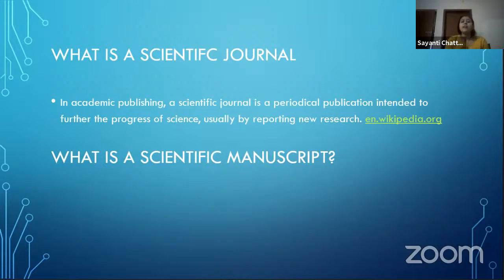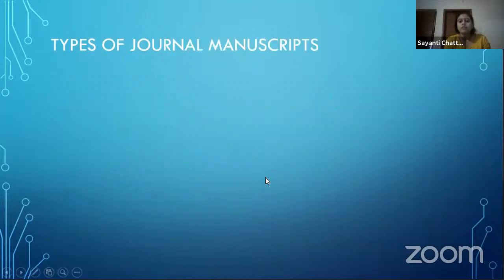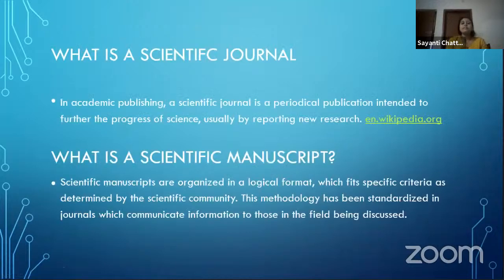Then what is the difference between a journal and manuscript? So what is the manuscript? Scientific manuscripts are organized in a logical format, which fits the specific criteria as determined by the scientific community. Say we want to publish a paper in IEEE.